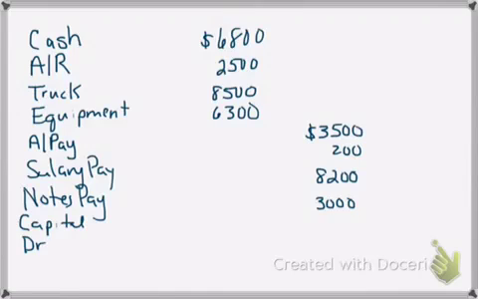He withdrew money, so that would be the drawing account, and that drawing account would then have $12,000 in it. When we get through with that, we would put in our revenue, and we have service revenue. And service revenue is $31,900.